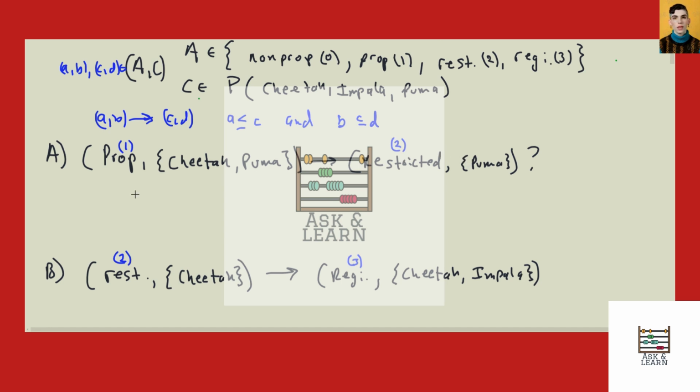Well, 1 is less than or equal to 2 for the security access, so that seems good. But we fail the second one for the group because Cheetah Puma is not a subset of Puma. So we cannot transfer this information.